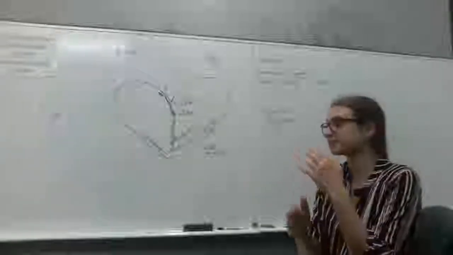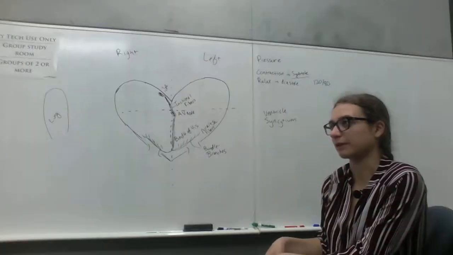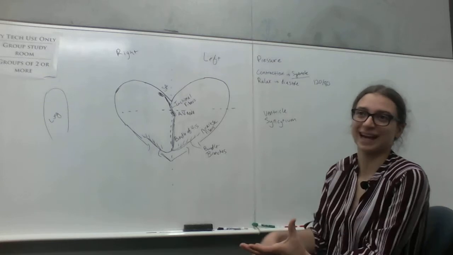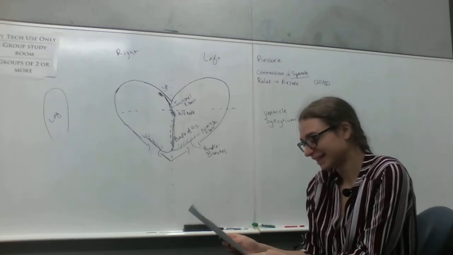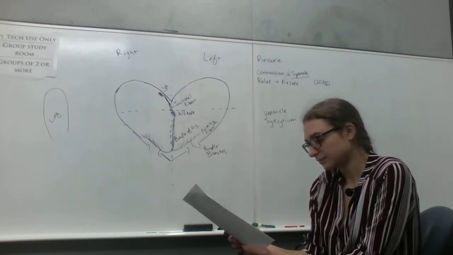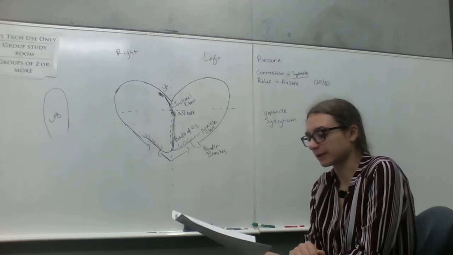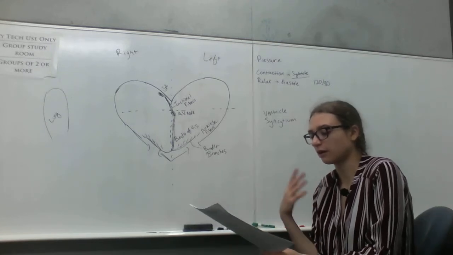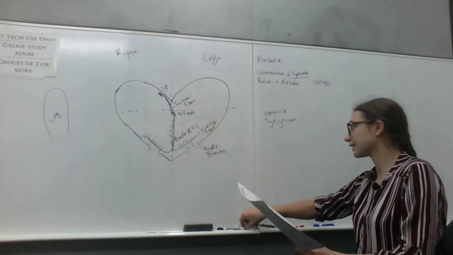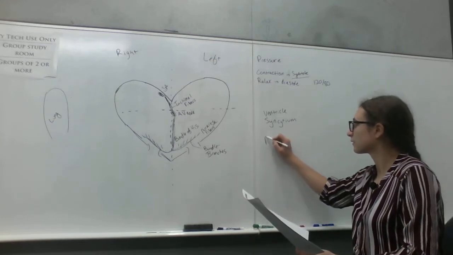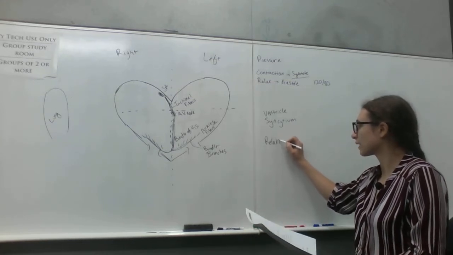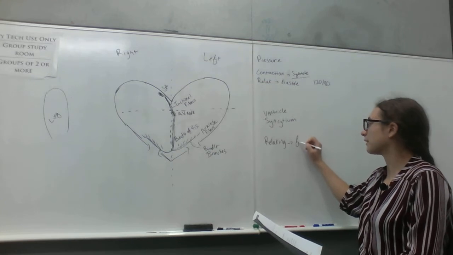So that's usually a step people forget: the heart needs to relax. It can't just keep pumping. So this ties into number 7. A rule of thumb: whenever the heart is relaxing, it is filling with blood.